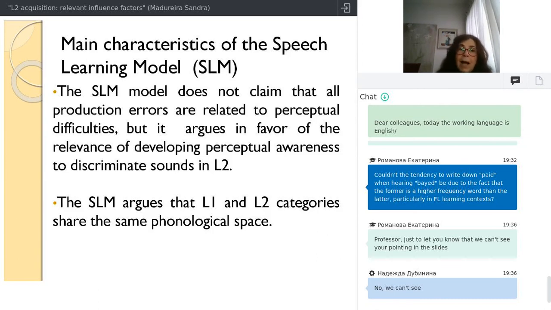So first of all, the speech learning model does not claim that all production errors are related to perceptual difficulties. But it argues in favor of the relevance of developing perceptual awareness to discriminate sounds in L2. And it argues that L1 and L2 categories share the same phonological space.